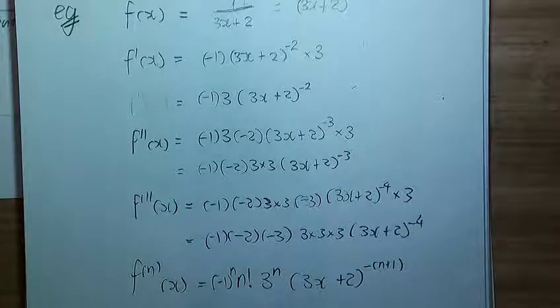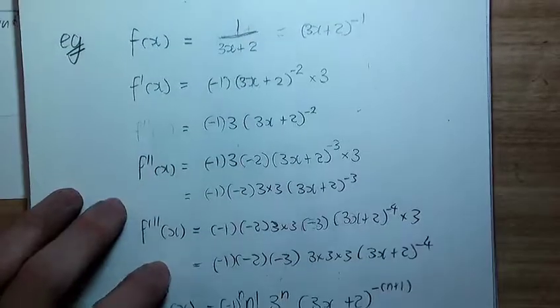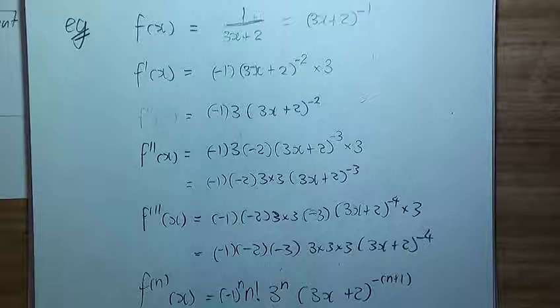I should just check, for completeness' sake, whether this applies way back at the 0th derivative, because otherwise I'm going to have to tell the reader it only works for n greater than 1 or something. So when I go back to here, can I fit them both on the page? I can. When n is 0, minus 1 to the 0 is 1, and 0 factorial is 1, 3 to the 0 is 1, minus 0 plus 1 is 1, which gives me that answer.